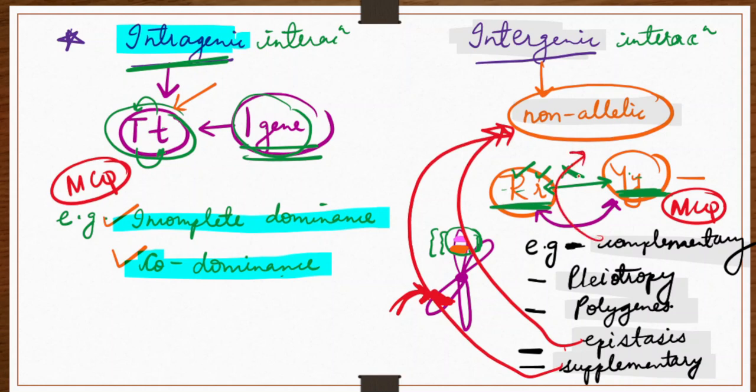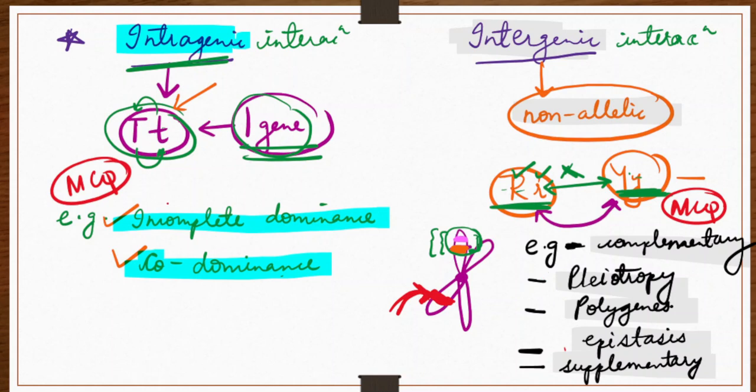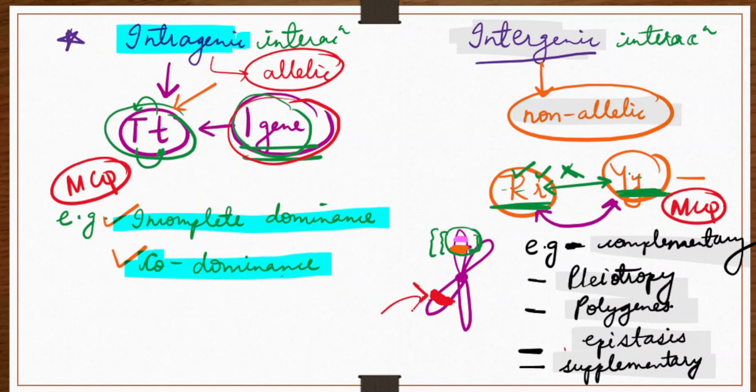What is complementary? Non-allelic interaction. You must be able to say this. And intragenic is allelic interaction, because it is between the same gene. They can ask the definitions of this. So these are the expected questions which I am telling you.